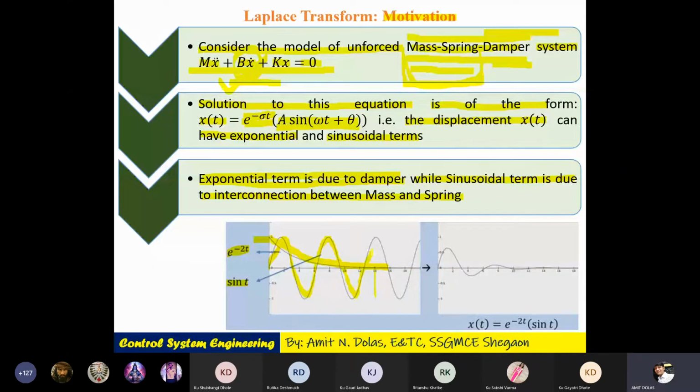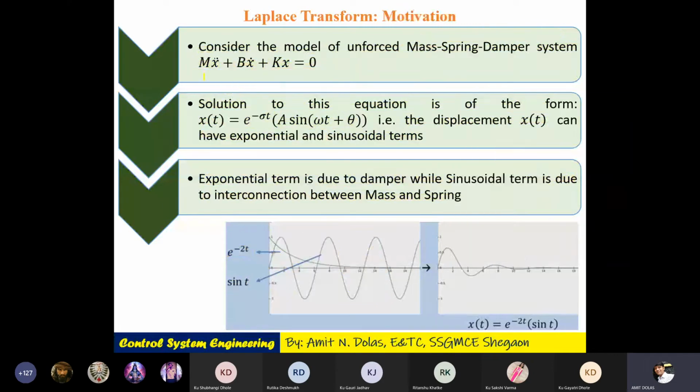Let me clear the screen. You can see added, right? So if we get the response of these two signals, what happened? This becomes damped oscillation. It will have certain energy and it will go to 0 at certain time, because what is happening here is we are using exponential and sinusoidal terms together.